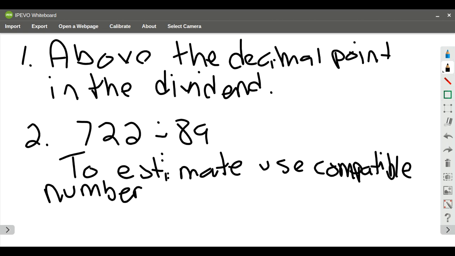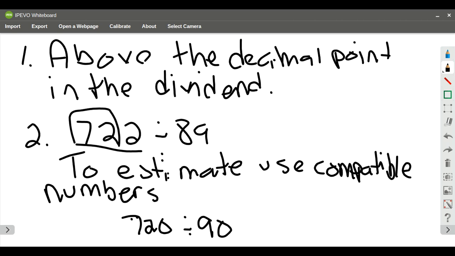And so I'm going to take 89 and round it to 90. And then I look for a math fact of 90 that's near 722. So really I'm going to take a look at my 9 and then I look at the first 2 digits. So I'm going to change this to 720. And when I do 720 divided by 90, I end up with 8. So I would place the decimal in this problem to find the quotient in the ones place.